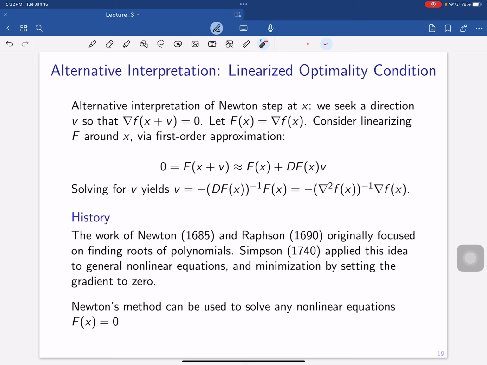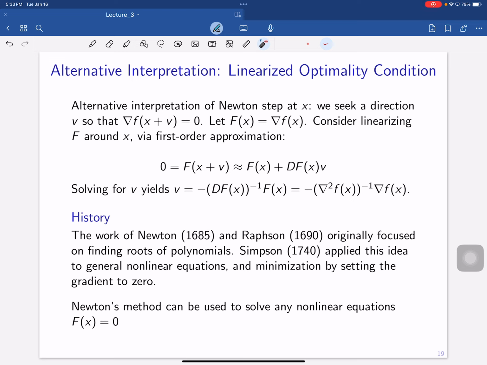Maybe you have studied some numerical methods of solving nonlinear equations. So this is nothing but n unknowns and n equations. You can use numerical methods to solve those n equations.